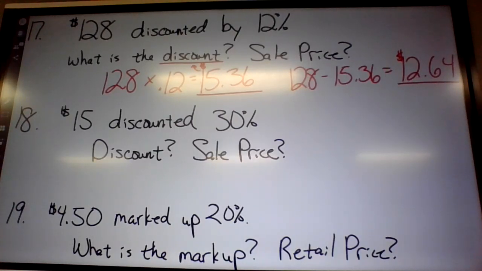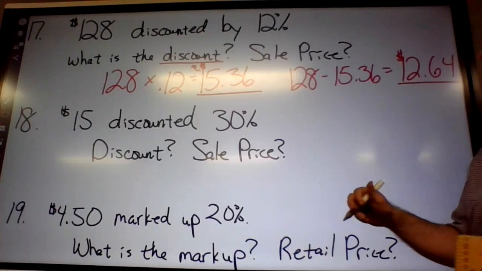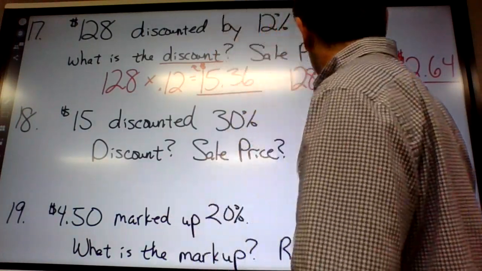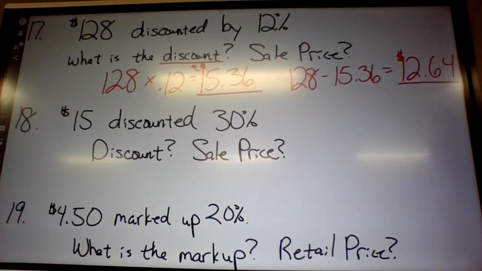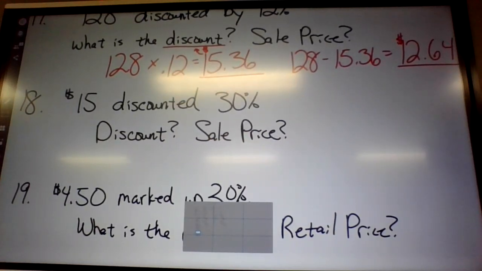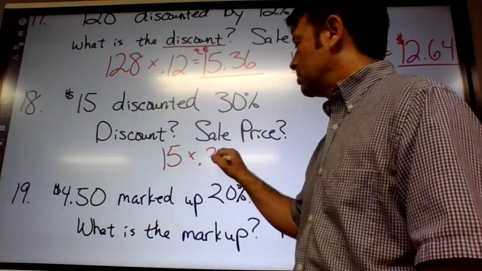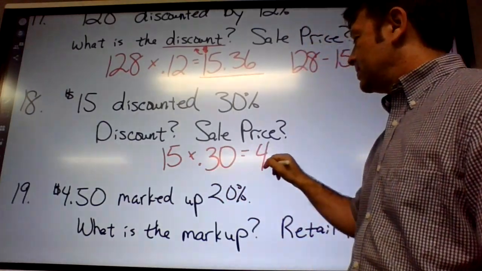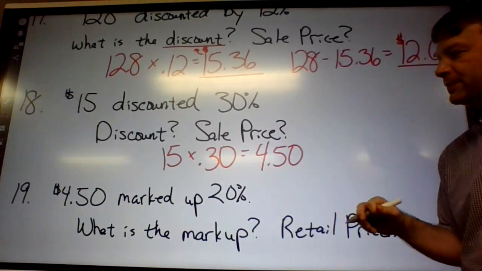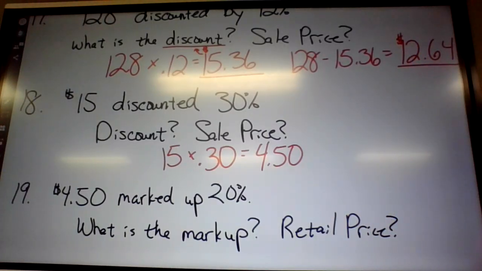Okay, my point. Number 18 is the same thing. I did 2 of the discounts. So it's $15.36 and then $12.64. She's talking about the last problem. Okay, so Kenzie, tell me what to do on 18. 15 times 0.30. That will come out as 4.5, which we're talking about money, so some of you guys did this on the homework.